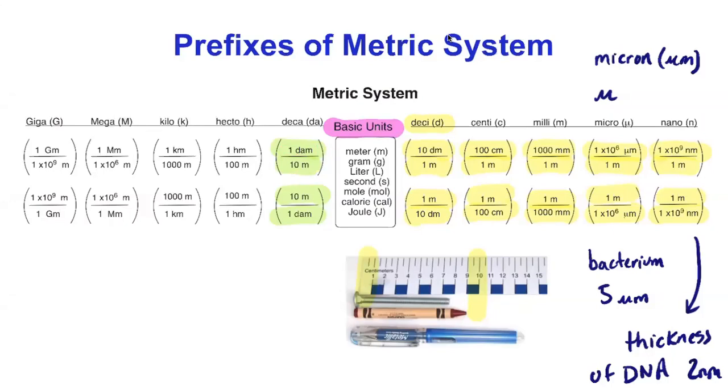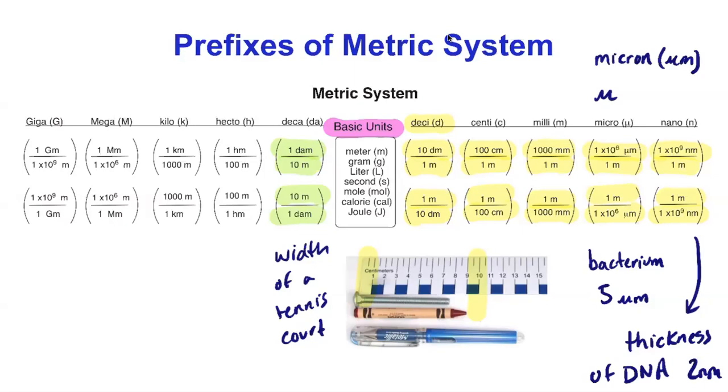Okay, so what's the size of a decameter? This is about the width of a tennis court. So if you put 10 meters in a row, that's about the length of the width of a tennis court, the short side.